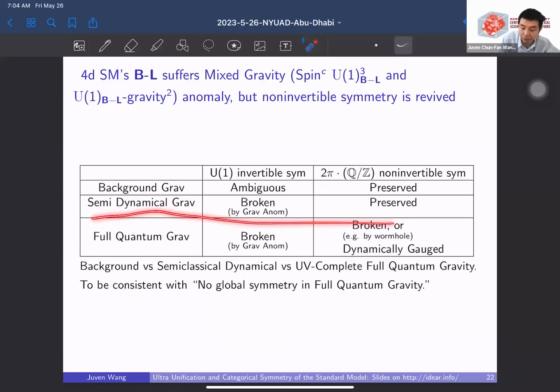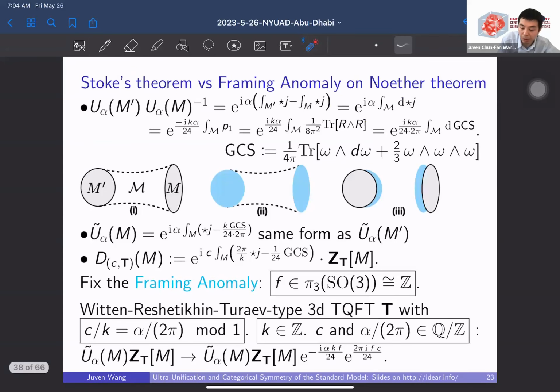With this understanding, what we do is try to revive what is broken by a gravitational background by decorating with gravitational Chern-Simons terms, due to the relation between gravitational Chern-Simons and the trace of R wedge R term, moving this gravitational Chern-Simons to the 3D charge operators, and trying to fix something called fermion anomalies.